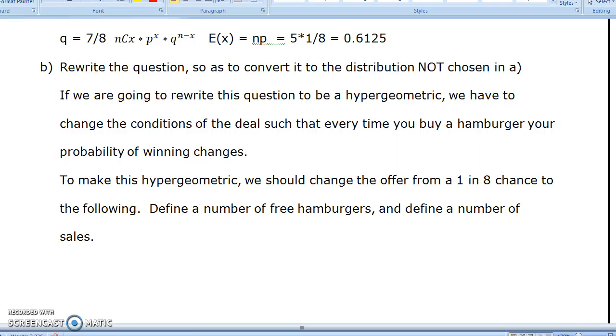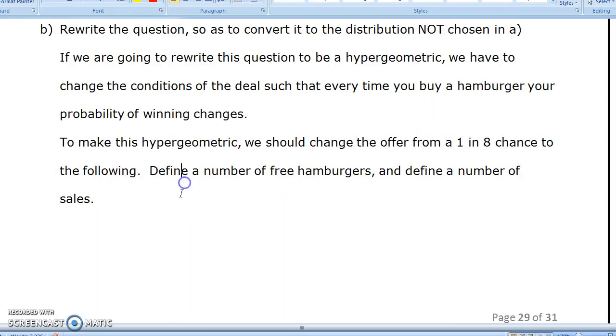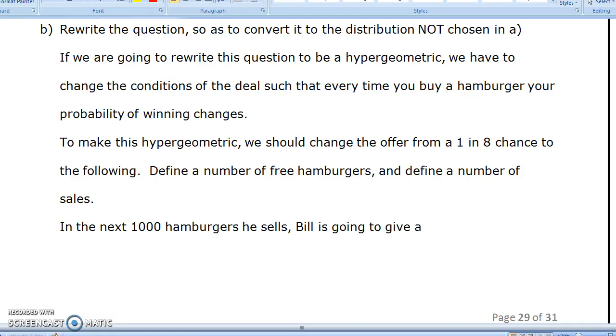Before it was a 1 out of 8 thing, so let's keep that consistent. Let's change the question to: Bill, in the next 1,000 hamburgers he sells, is going to give away 1 out of 8, so there would be 125 free hamburgers.